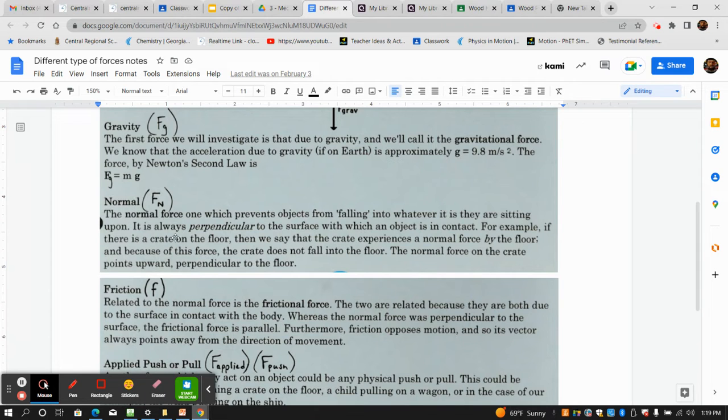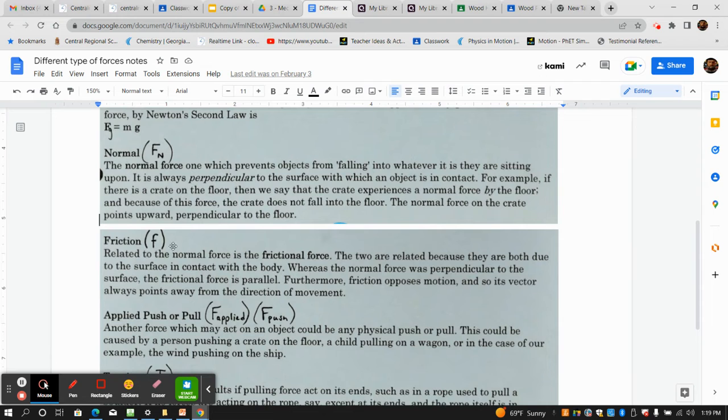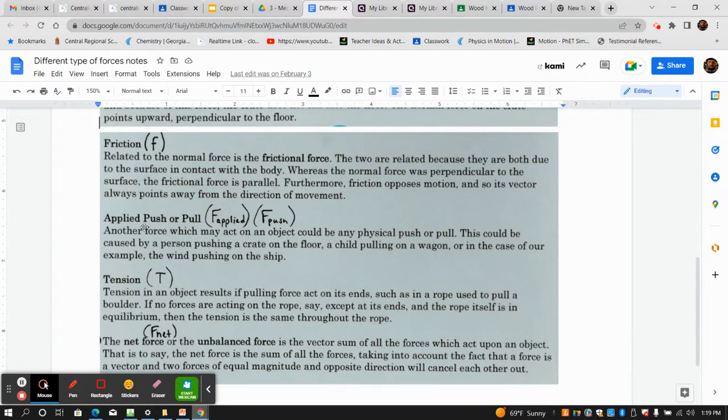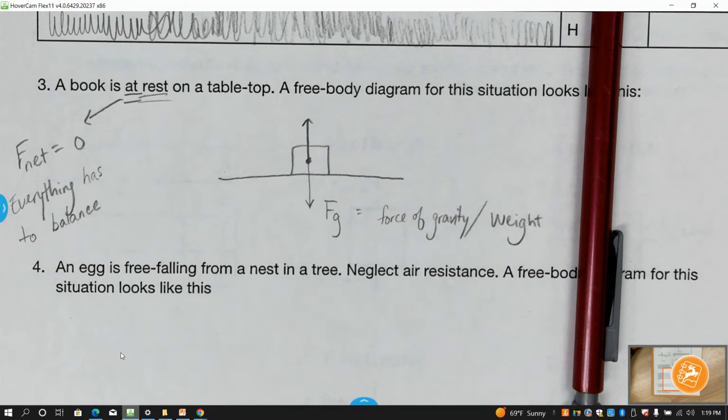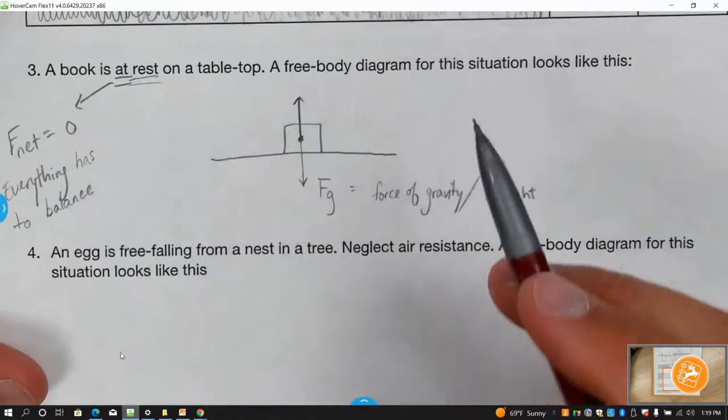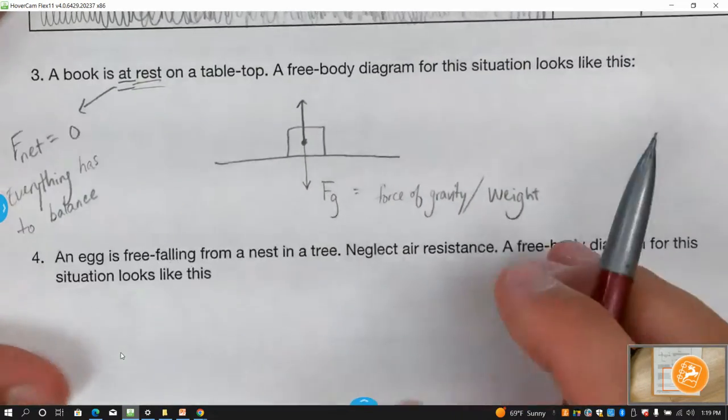You have the normal force, which prevents objects from falling into whatever they're sitting on. We have friction, which always goes in the opposite direction of motion. Your applied force, which could be a push or a pull. Tension, net force. Other common forces would be air resistance, and potentially a spring force, but we're not going to get into spring force right now.